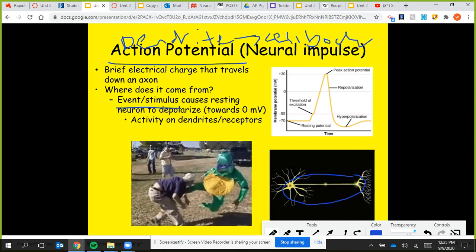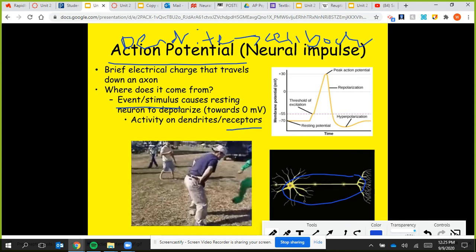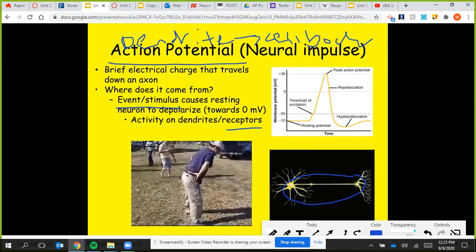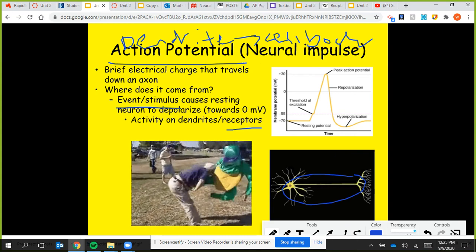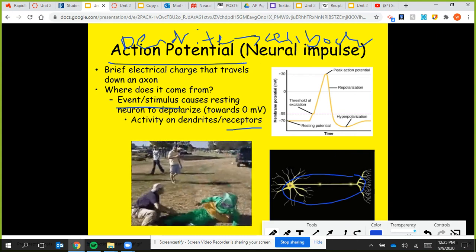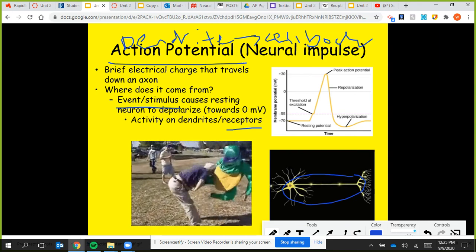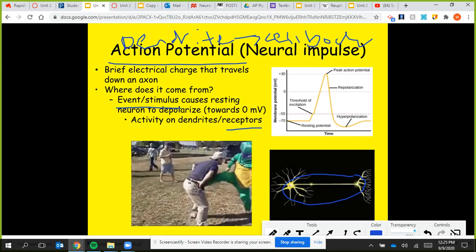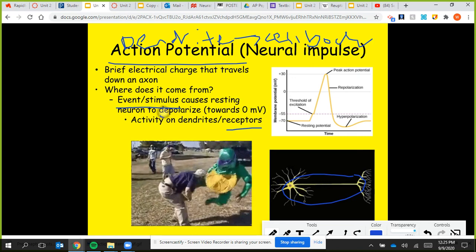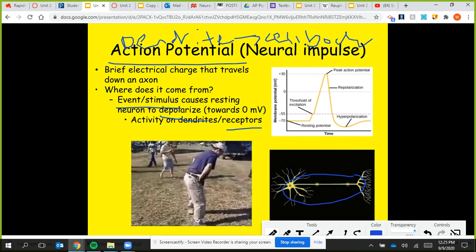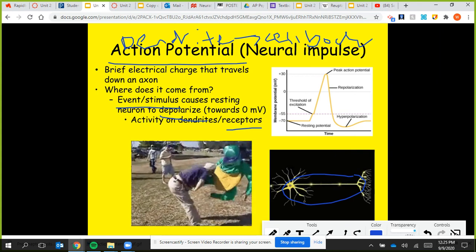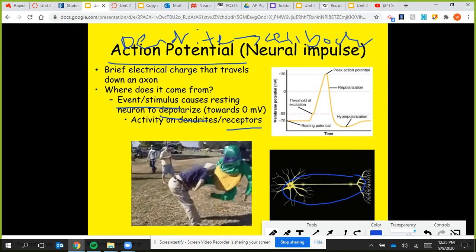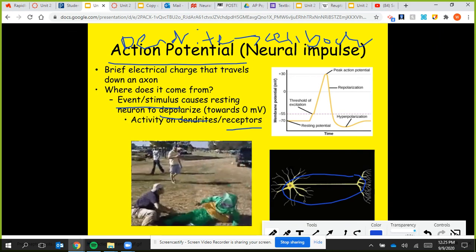It can be activity on sensory receptors, like on your skin or tongue, that activate neurons, or it can just be one neuron activating another neuron. This activation, this event, this stimulus, this neurotransmitter, whatever, causes the resting neuron to start to depolarize, meaning the inside of it starts going towards zero. On the next slide, I'm going to explain how that happens.